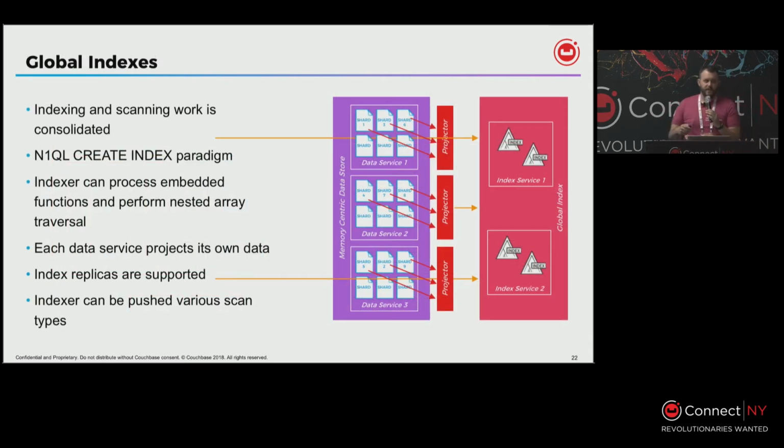Global indexes, again, indexing in general is a multidimensional scaling-enabled service, meaning when you bring up a single Couchbase node that we looked at earlier, you can choose to just run the index service. And you can tune that hardware, that processing, that memory to that specific node to get optimum performance based on your configuration and SLAs.